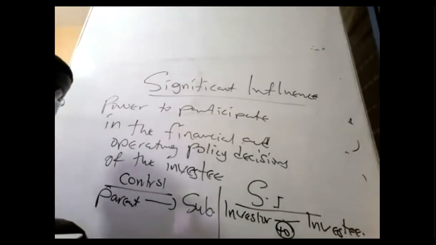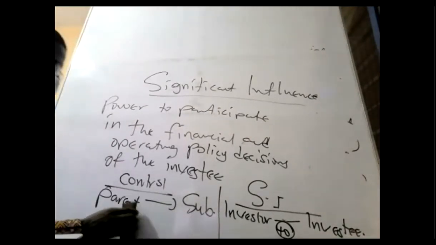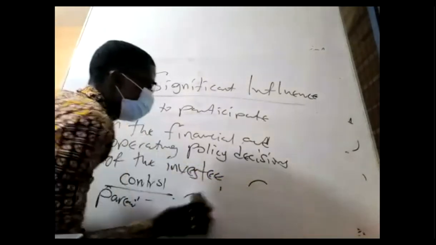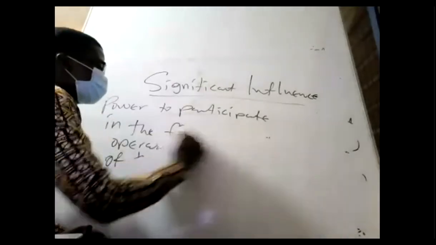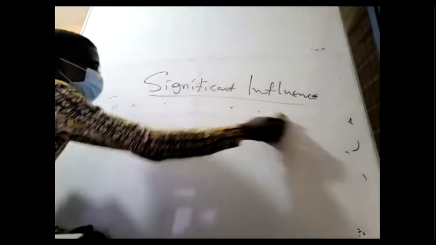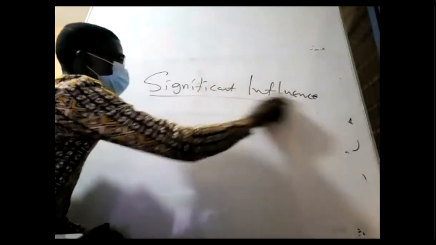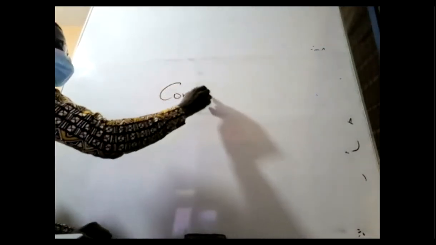Okay, so situations where the parent does not have the 50% threshold, but there's what? Control. The one that has the control is the one that's allowed to consolidate.